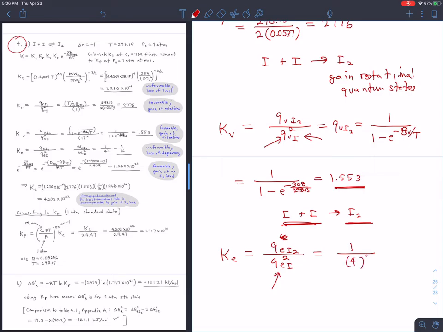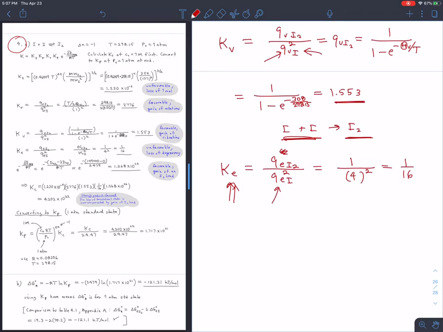The ground state degeneracy is actually 4 for the iodine atoms, so that's 1 over 16. So in this case, we actually lose 16 electronic quantum states in going from the atoms to the I2 molecule. And so, believe it or not, the second biggest contribution after the rotations is the electronic contribution in this case because of ground state degeneracy in the I atoms.